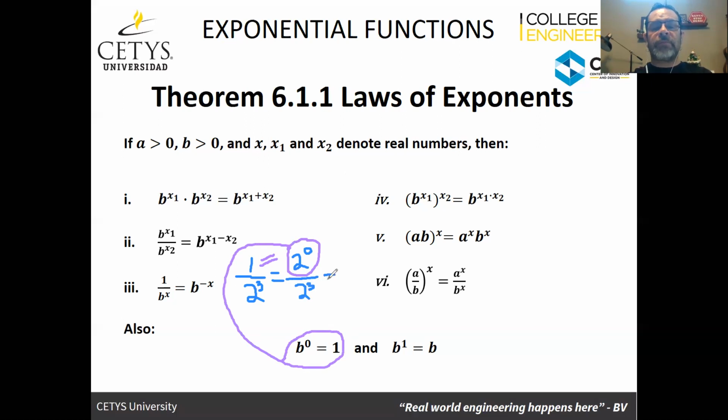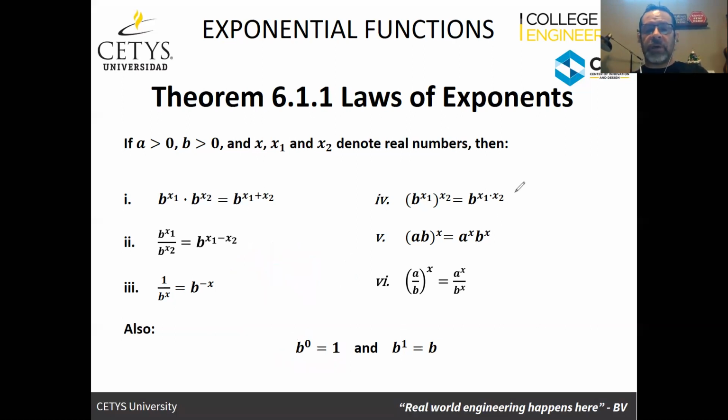If I use the second law of the exponents, it's going to be 0 minus 3, which gives us 2 to the minus 3, which is what we were saying. If I have the base elevated to an exponent and it's 1 divided by that, then that's equivalent to having the base elevated to the negative of the exponent that I have.